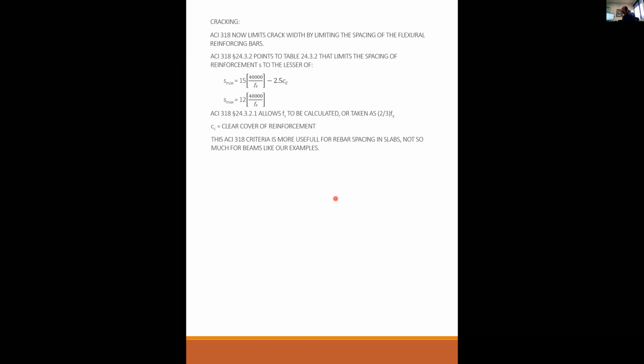And for one homework problem, d calced out to be 25.59. When you calculate it from Rn equals Mu over phi b d squared, d was 25.59 inches. That's hopefully the right answer.